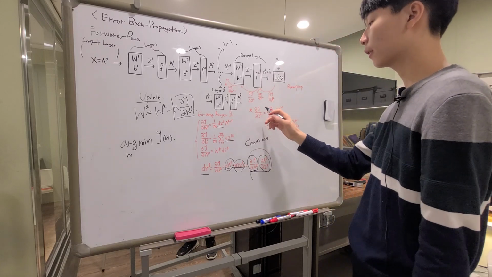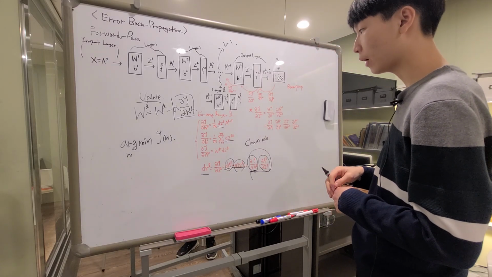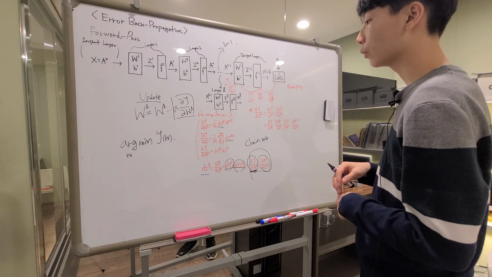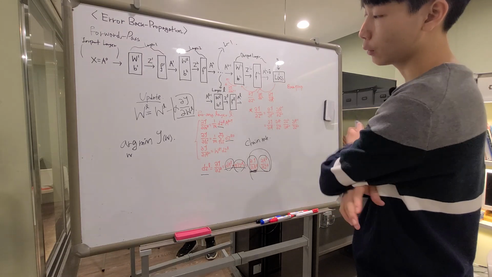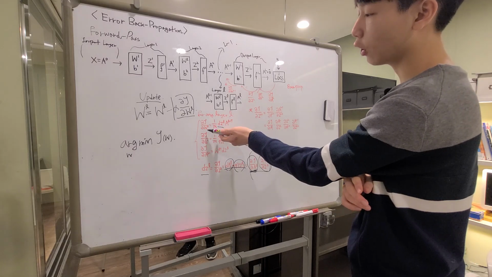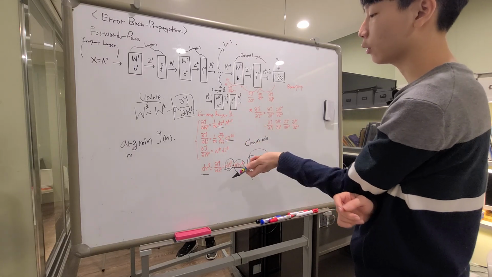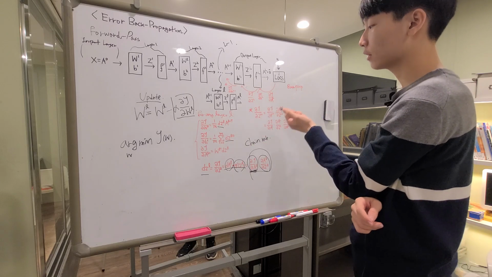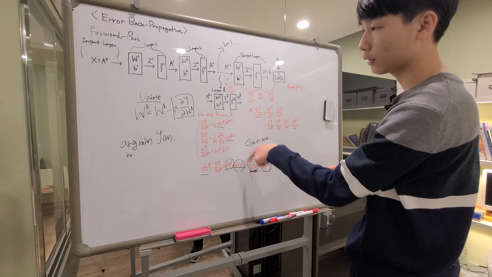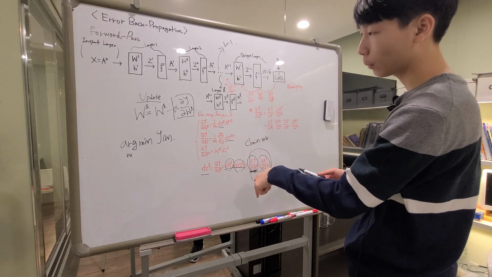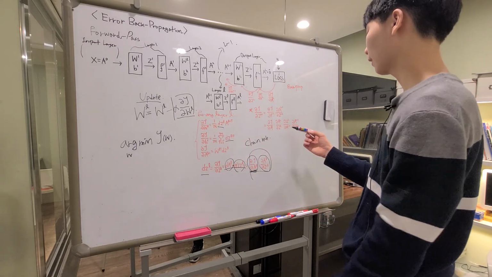We want to calculate the derivative of J with respect to ZL minus 1, which we need in order to calculate the derivatives with respect to WL minus 1, BL minus 1, and AL minus 1. This is essential for calculating the derivative of each parameter, which we need in our update rule.